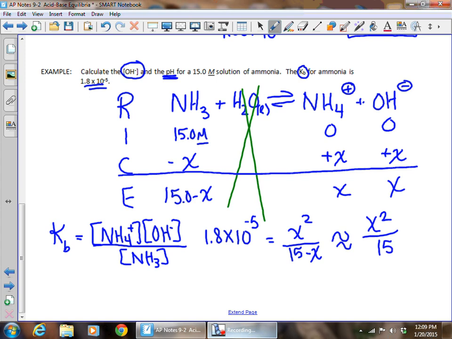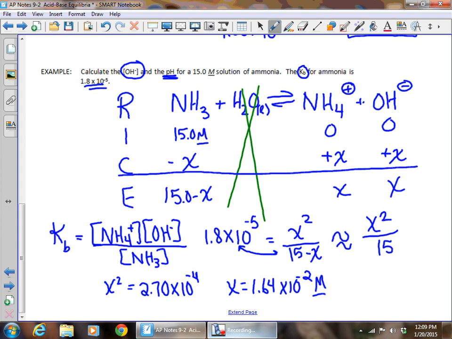So we get the value of x squared being equal to 1.8 times 10 to the minus fifth times our 15. Gives us a value of 2.70 times 10 to the minus fourth. X then is equal to 1.64 times 10 to the minus second, and that's a molarity.